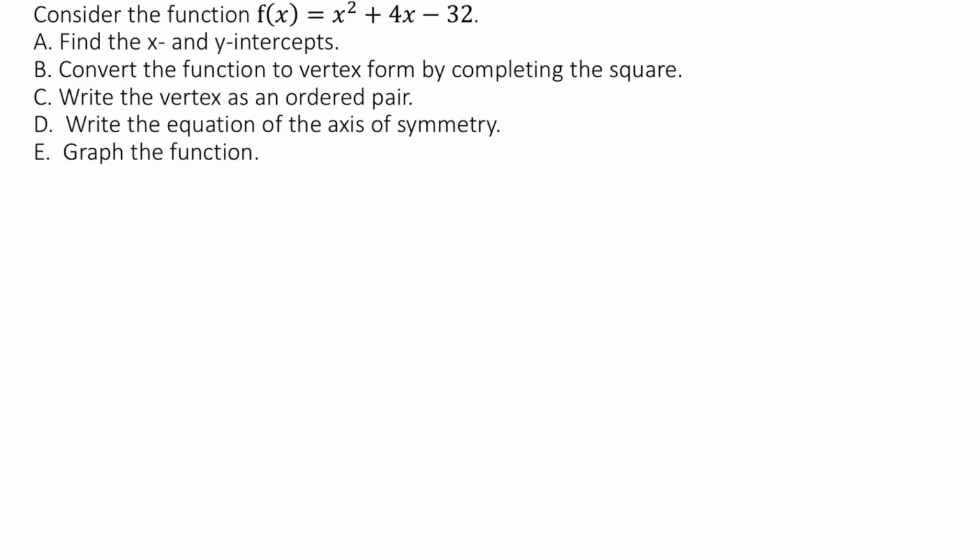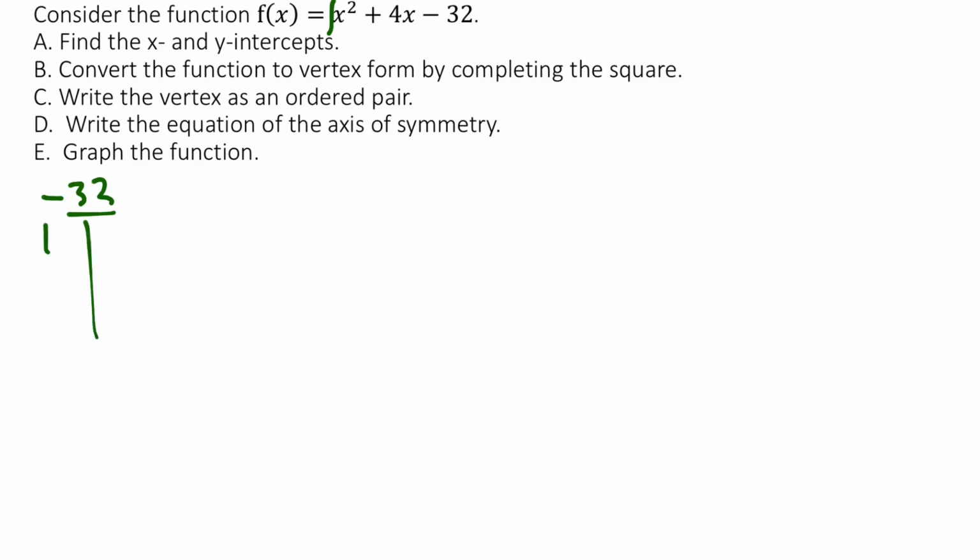Okay, next example says consider the quadratic function shown. Find the x and y intercepts. We'll do that first. Okay, so the way to find the x-intercepts, you want to check to see whether it's factorable. So let's check and see. So I've got a 1 here, and 1 times negative 32 is negative 32.